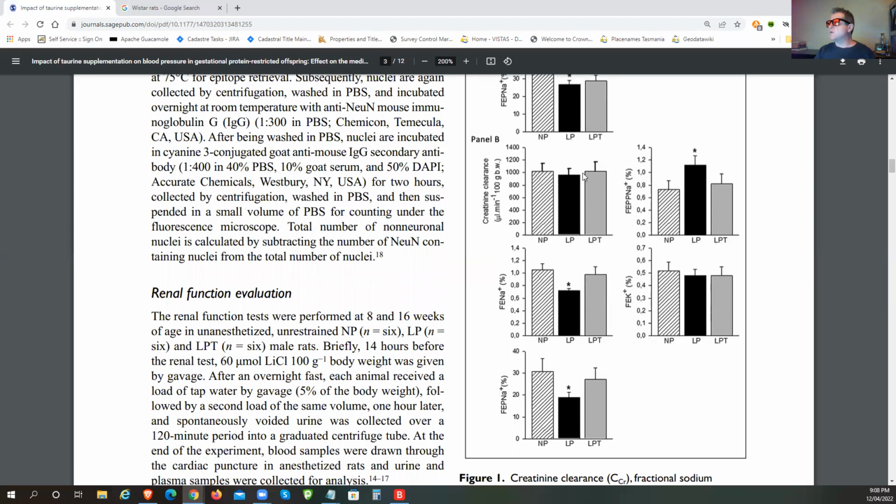So here the creatinine again, pretty much just as good. Now, when we see the urinary excretion, nearly about the same. Potassium, very similar.